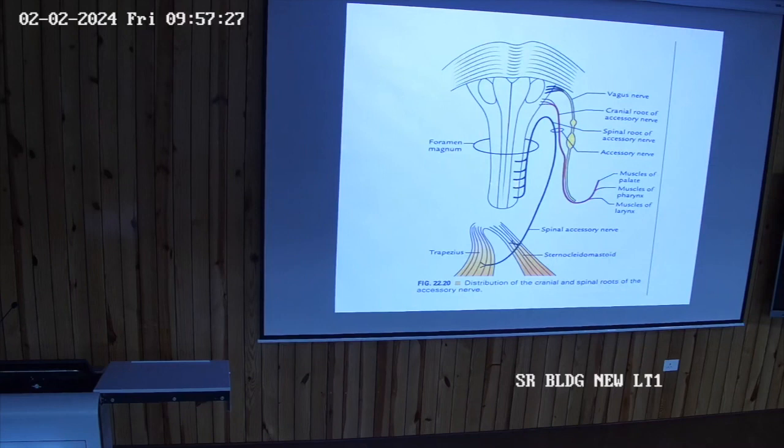From these, the rootlets come out, join together and run their course in the vertebral canal, pass through the foramen magnum and come into the cranial cavity. From the cranial cavity, the nerve comes to the jugular foramen.